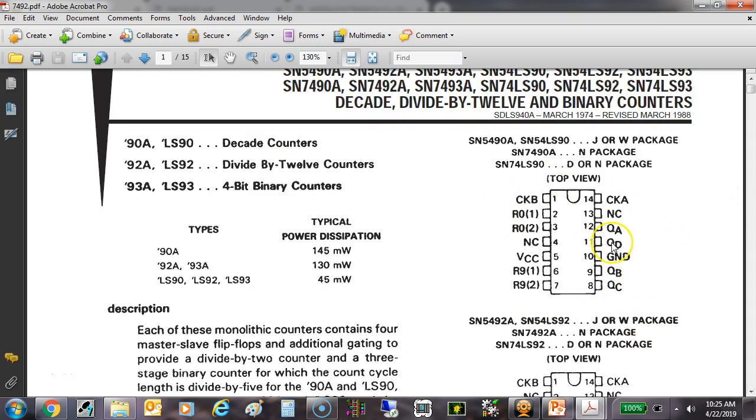So the modulus of a 7490 is 10. It's a BCD count.